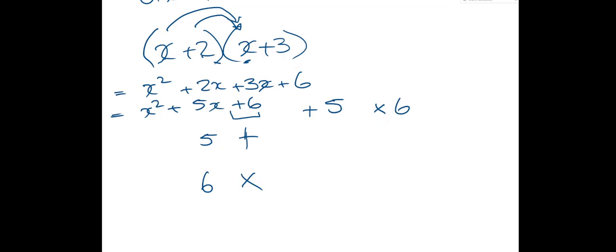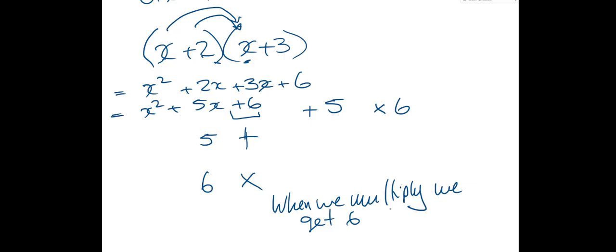So now we want to find what are two numbers that when we multiply we get 6, and when we add we get 5.